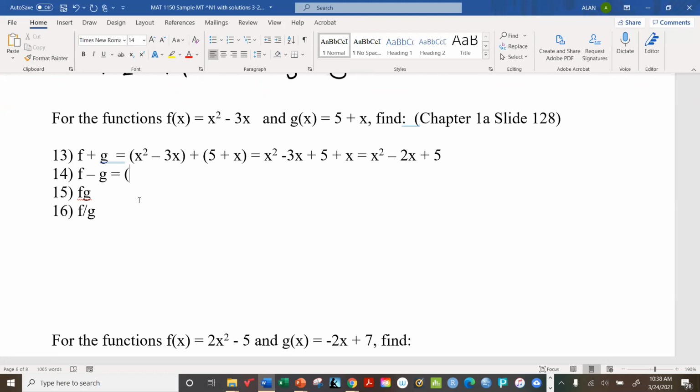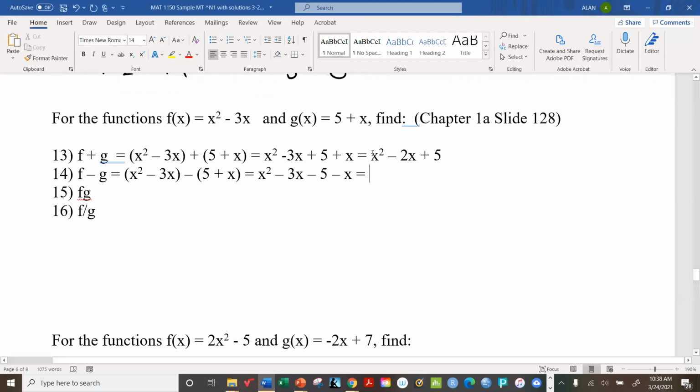Now, for the second case, we're doing the same thing, except that it is now subtraction. So it's x squared minus 3x minus 5 minus x. And be sure to distribute the negatives across the parentheses. We've got negative 3x and positive 1x, so that's negative 2x.